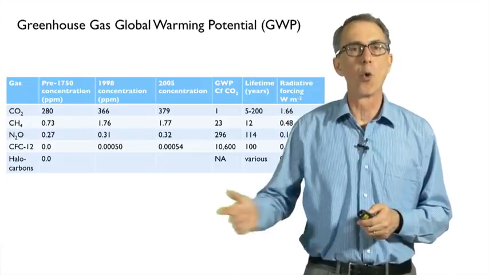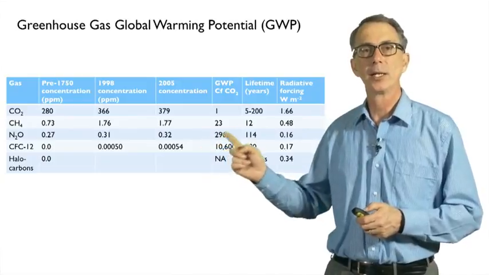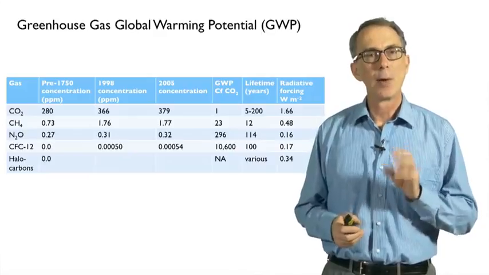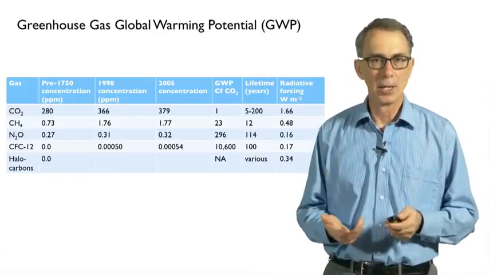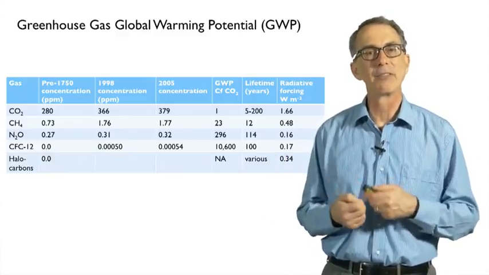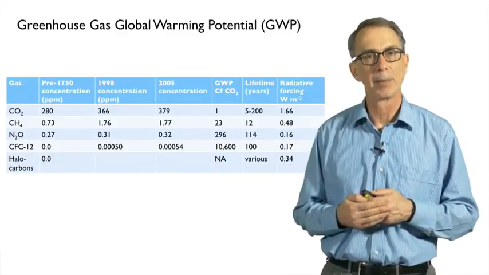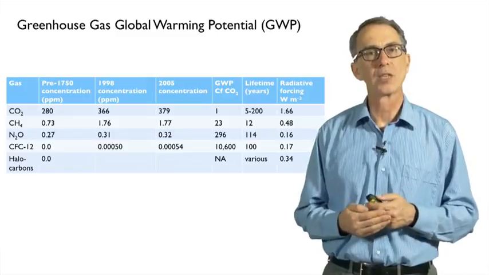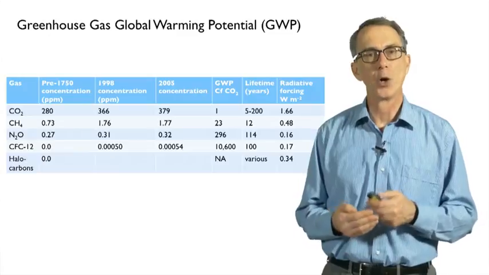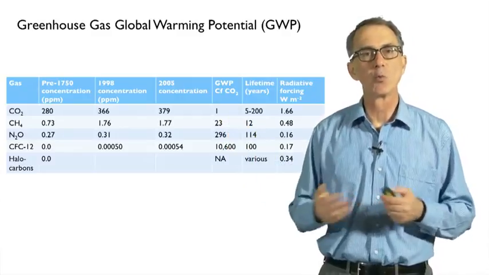And so the global warming potential in this column here is a metric we use for representing the relative importance of a tonne or a kilogram of that gas emitted into the atmosphere, in terms of warming over 100-year time. And we measure the relative importance of these gases relative to a kilogram or a tonne of carbon dioxide emitted. And so the global warming potential of carbon dioxide is 1.